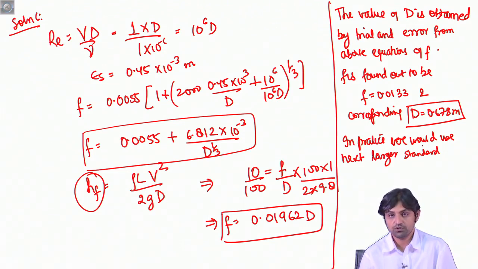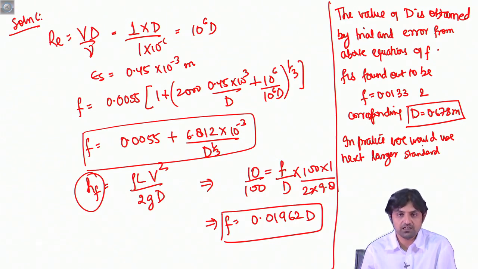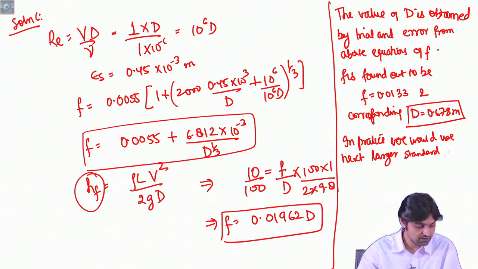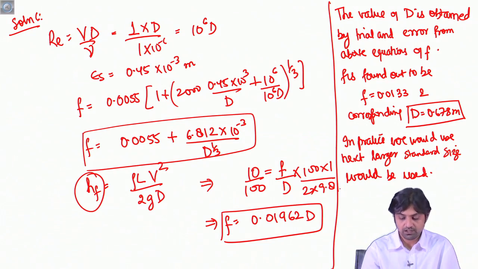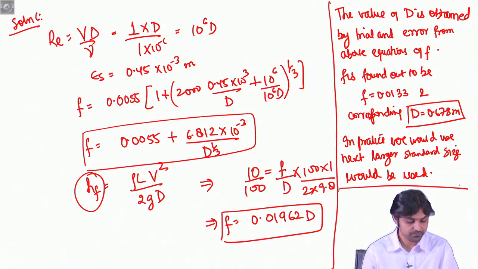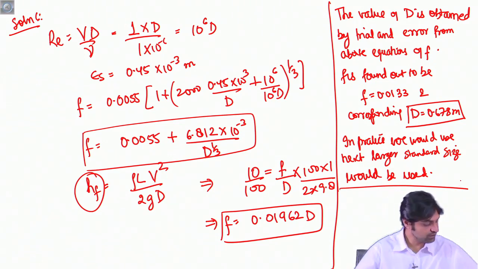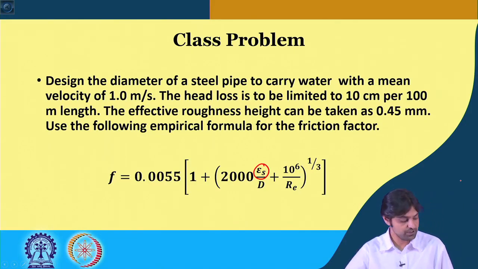So we are not going to use 0.678 but the next higher size available. All right. So this concludes this particular question.